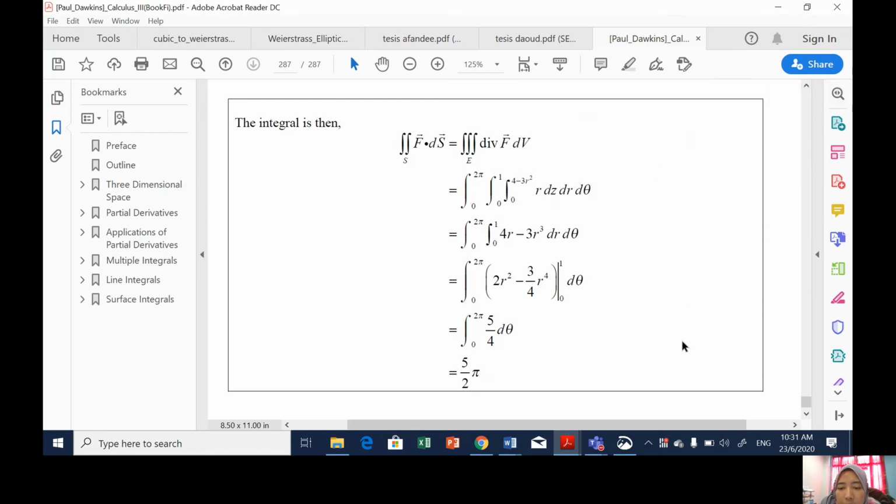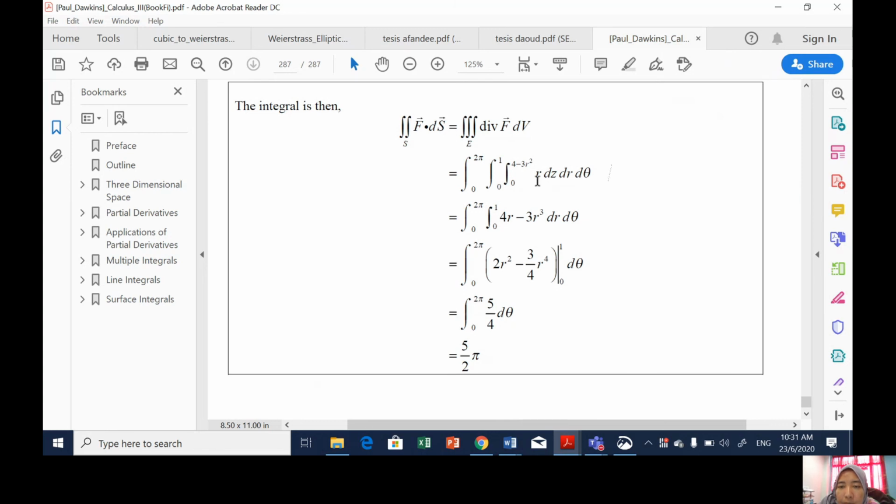The dV in cylindrical is equivalent to r dz dr d theta. First we are going to integrate with respect to z.